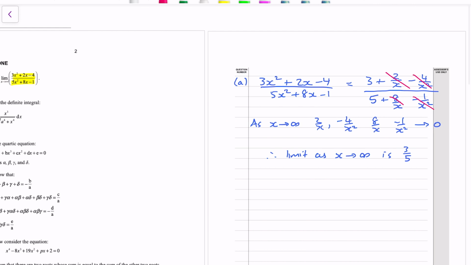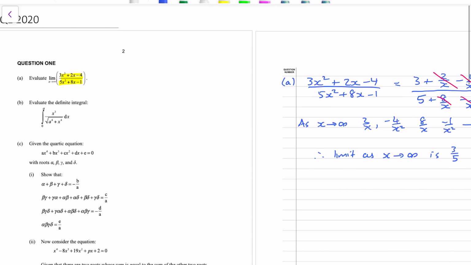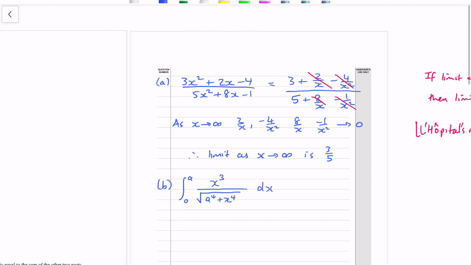Part B. Part B is a fairly standard integration by substitution, integrating between 0 and a x cubed over square root a to the 4 plus x to the 4, and because the denominator has 2 terms underneath the square root, we're going to let u equal a to the 4 plus x to the 4.